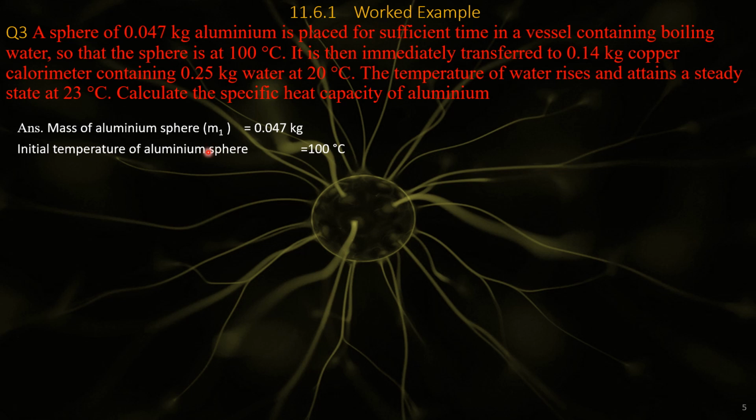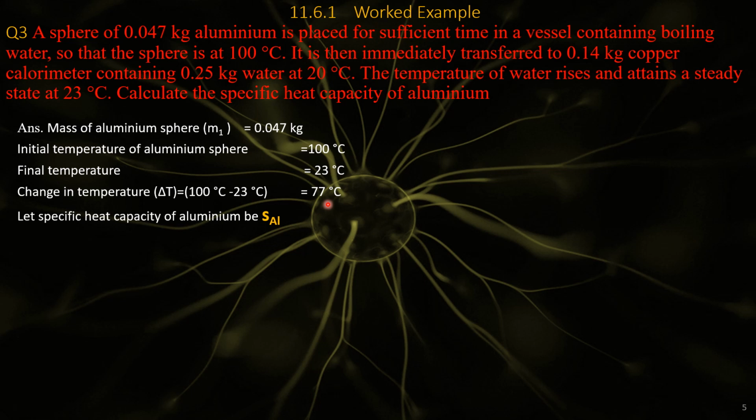The initial temperature of the aluminium sphere is 100 degrees Celsius, and the final temperature is 23 degrees Celsius. Change in temperature, therefore, delta T is equal to 100 minus 23, that is equal to 77 degrees Celsius.